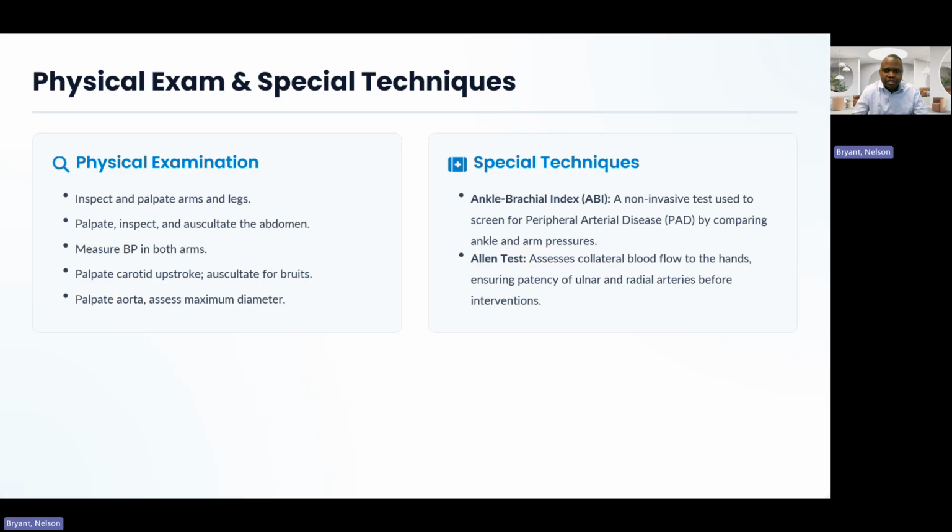Use special techniques such as ABI, ankle brachial index, which helps screen for peripheral arterial disease. Another one you can use is the Allen test, which is very important to assess blood flow to the hands. And these tests are very important to have done prior to radial interventions.